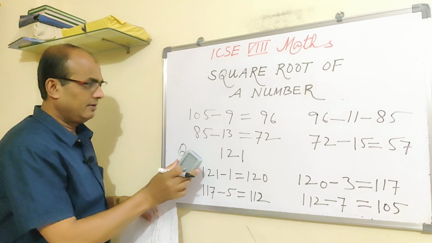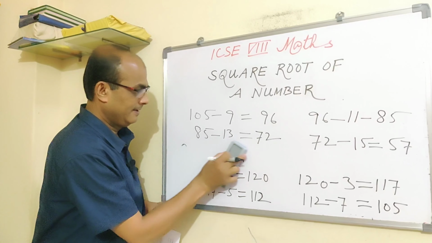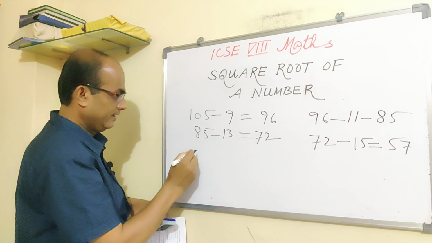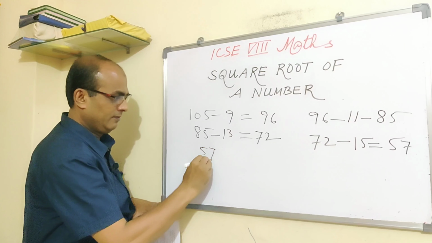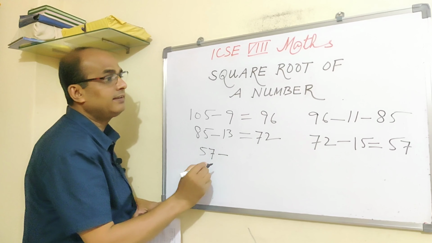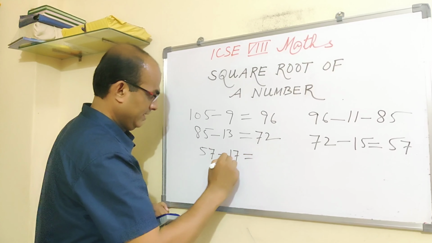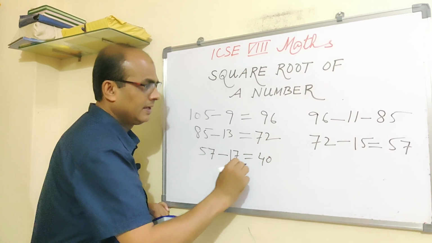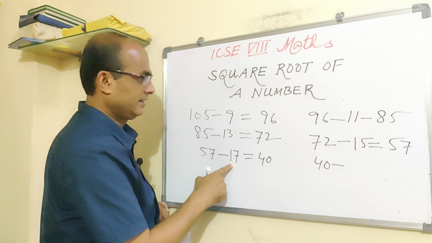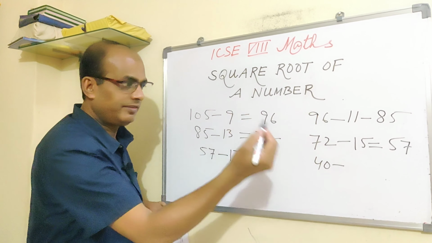Okay, and now can I rub this? Yeah. Then we are getting 57 minus 15, then 17, and we get 40, and then 40 minus 19, sorry, 17, after 17, 19.